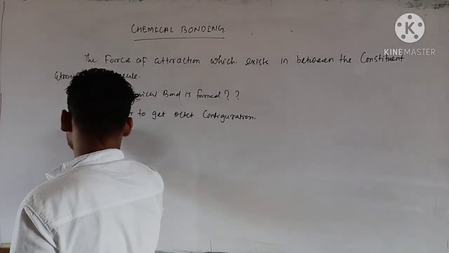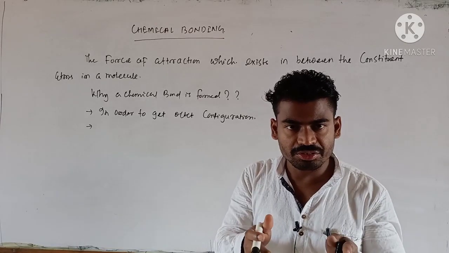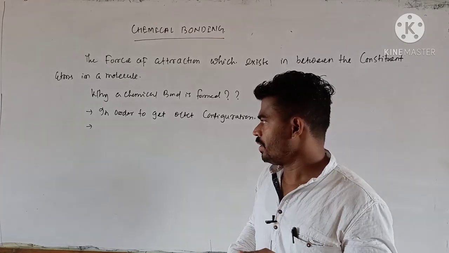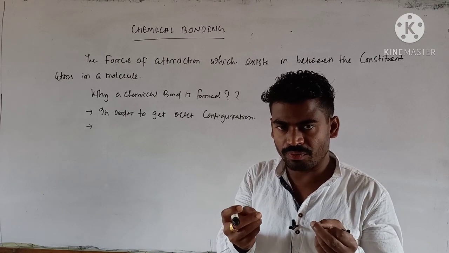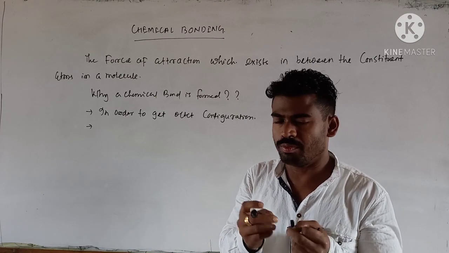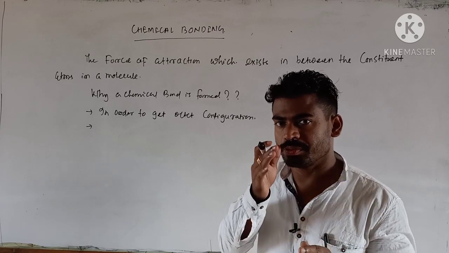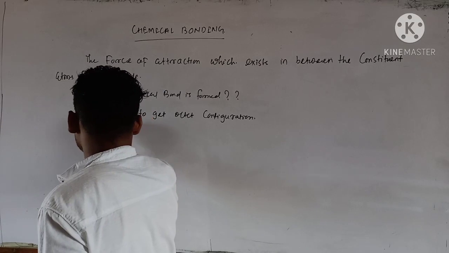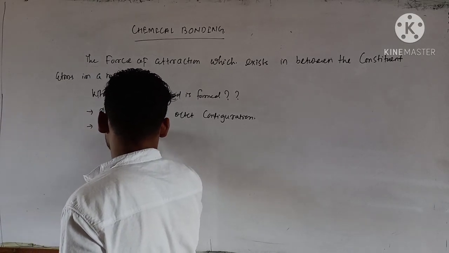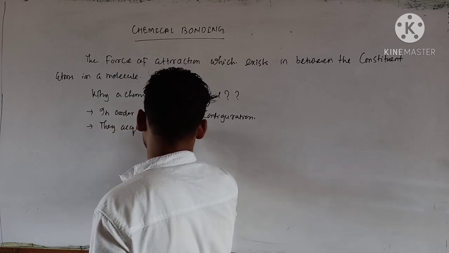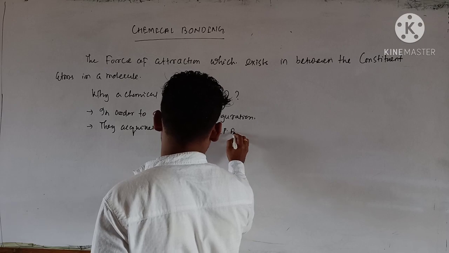Next, due to the formation of chemical bond among the constituent atoms, what happens? The entire system, or you can say atoms, combine to form molecules by means of chemical bonds. As a result, the net potential energy becomes minimum. That means they acquire low energy, particularly potential energy.